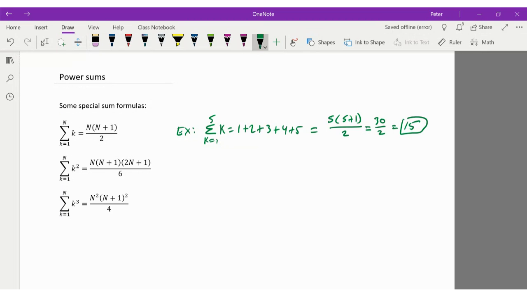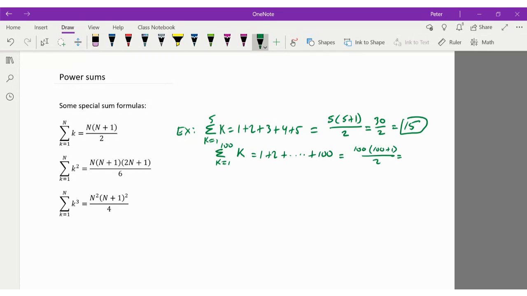When you're just adding up 5 integers, this is not all that important. But if instead I had the sum from k equals 1 to 100 of k, if I wanted to add up the first 100 integers, so that's 1 plus 2 plus dot, dot, dot, plus 100, that's going to be 100 times 100 plus 1 over 2.